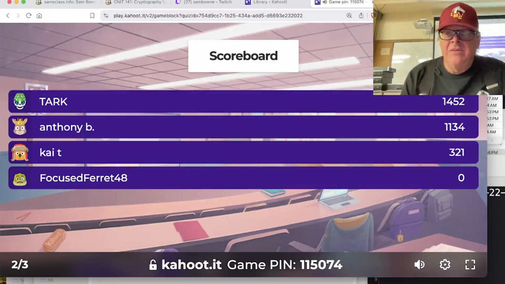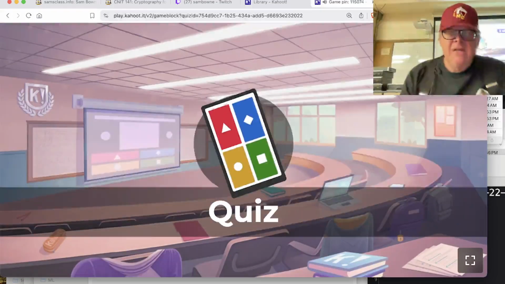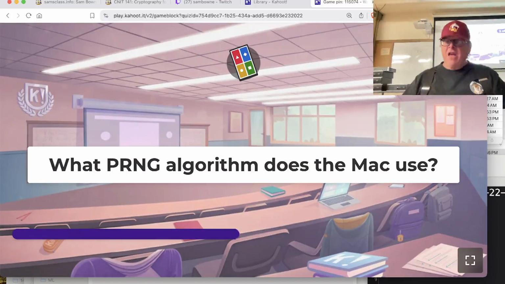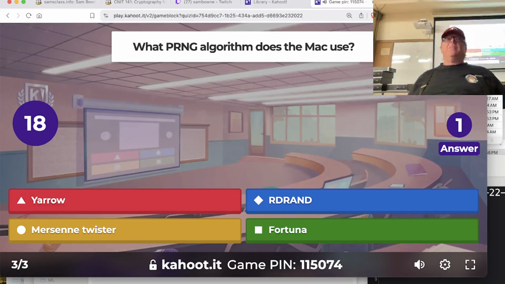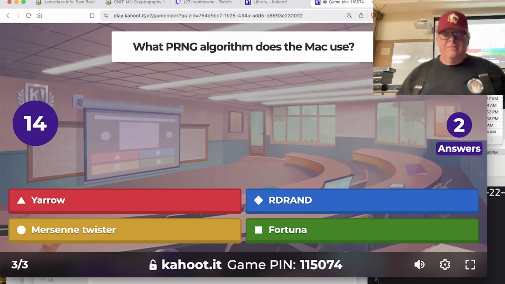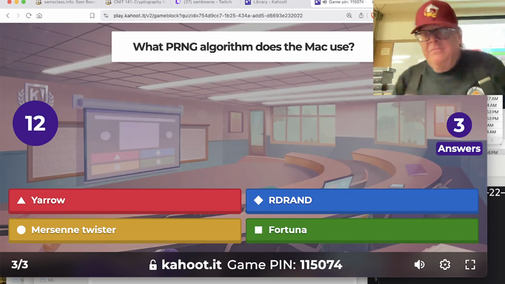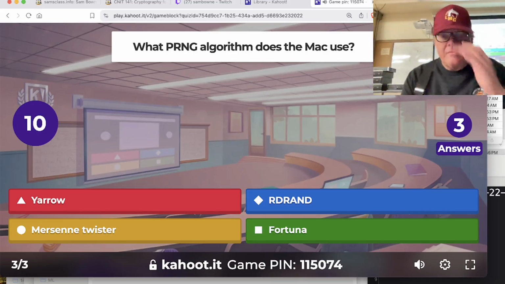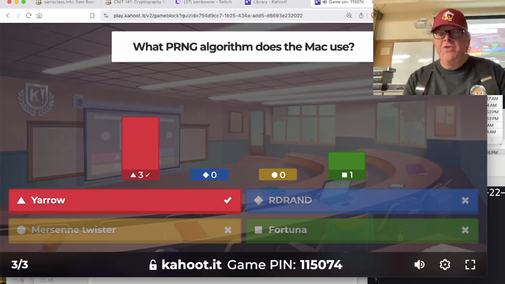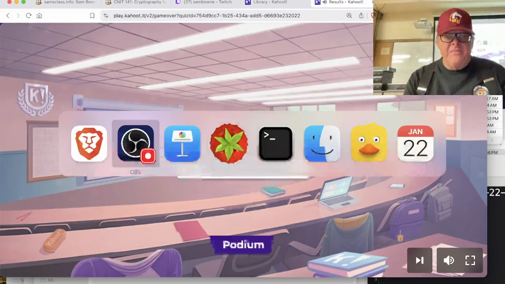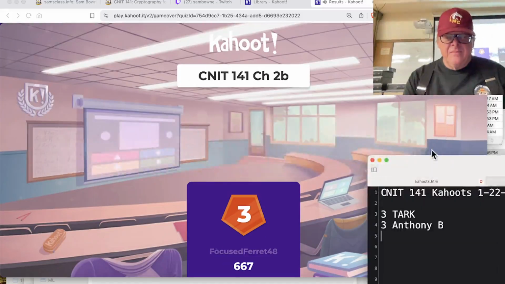All right. And which algorithm does the Mac use? It uses Yarrow, Microsoft uses Fortuna. Anyway, all right.